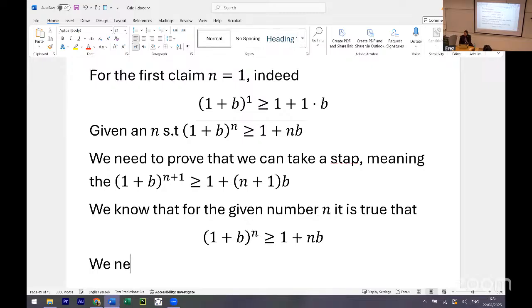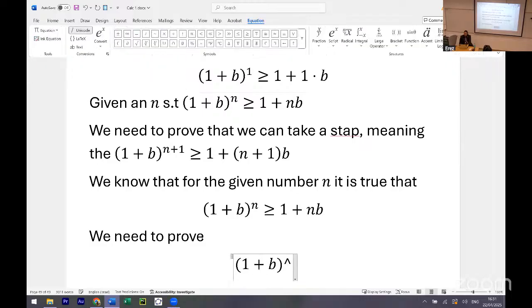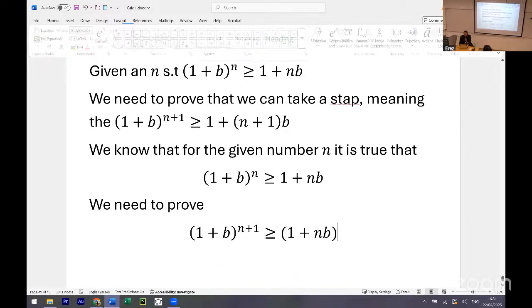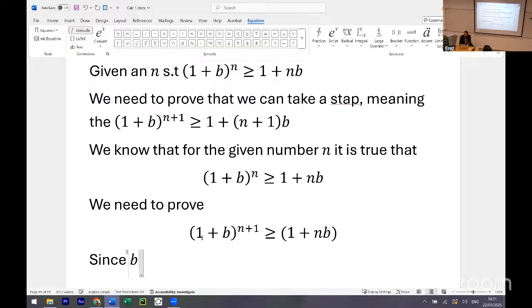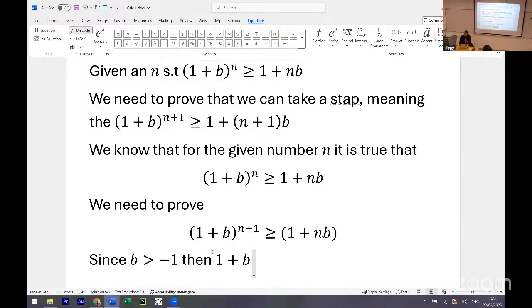We need to prove 1 plus b to the power of n plus 1 is larger than or equal to 1 plus (n plus 1)b.